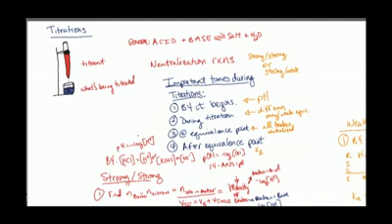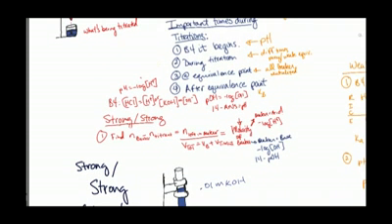Again, recap: we find the moles left in the beaker by taking the difference between the moles of what you've titrated and what you had in the beaker. Then you divide by the new total volume to get the molarity of what's left in the beaker. If it's an acid, you do negative log of H, and that's your pH. If it's a base, you do negative log of OH.